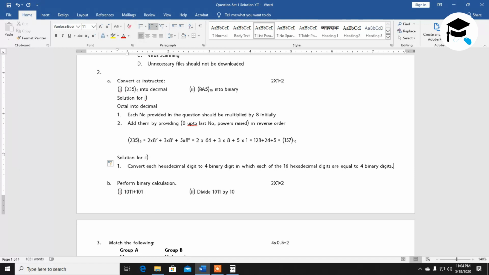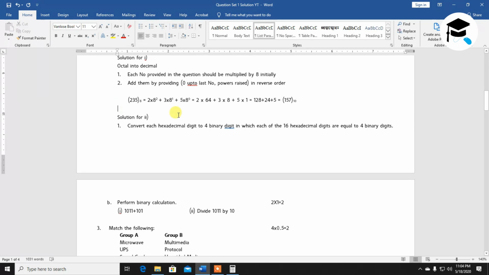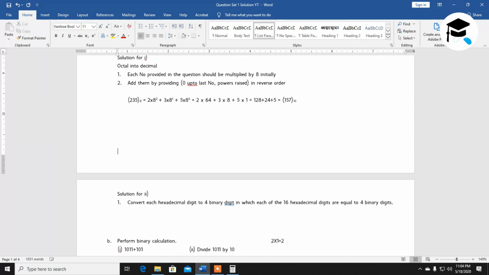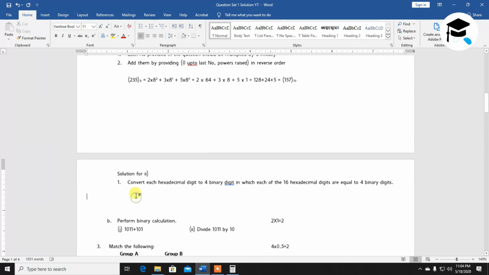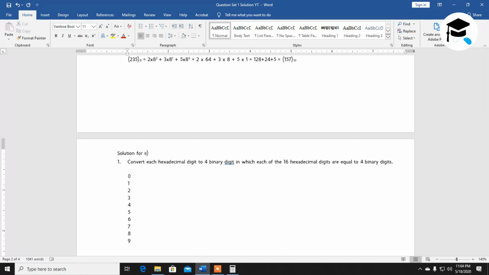Let's understand this properly. In order to understand this solution for number 2, we need to understand the table of 16. For example, if we are writing 0, 1, 2, 3, 4, 5, 6, 7, 9, and what comes after 9?